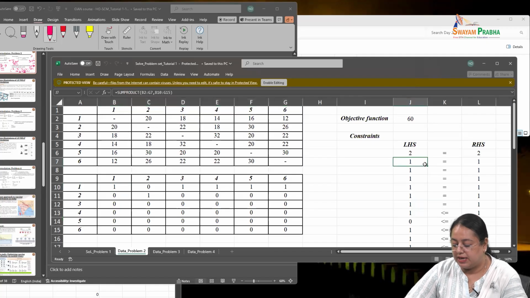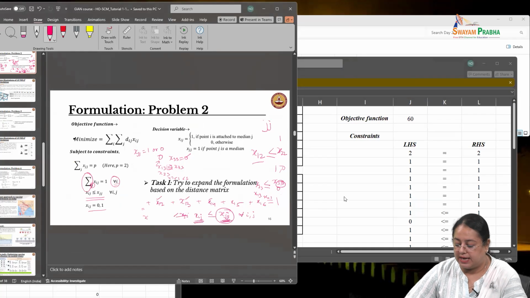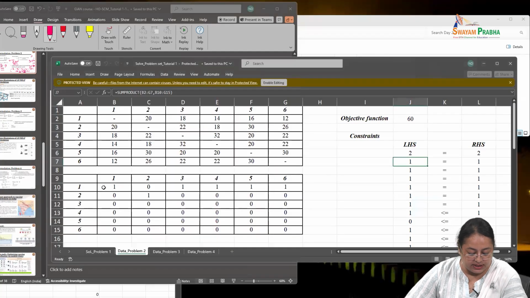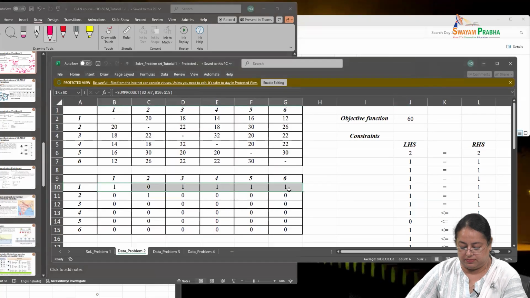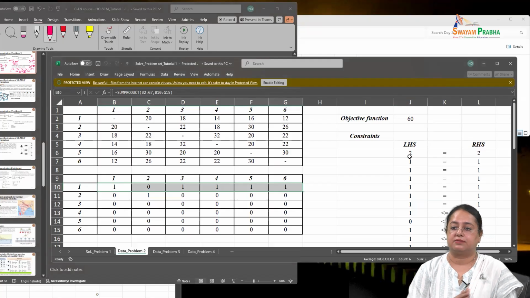Now we have to put another constraint. What is that constraint? Go to our presentation. Summation of Xij is equal to 1 for all i. So for all i, which is this whole row. Okay, you can complete at your places. Right?